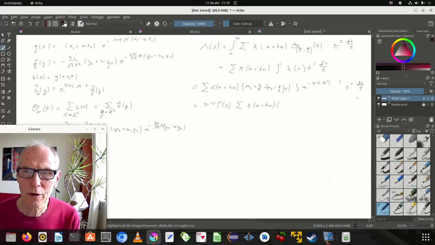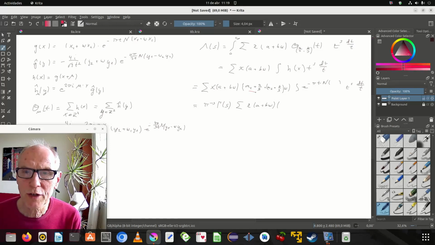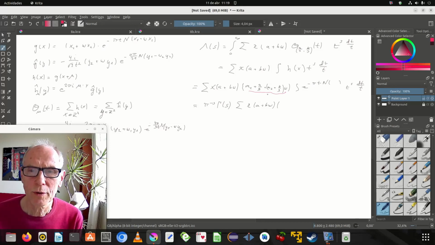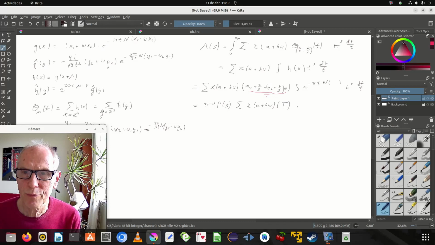And then we just make an abbreviation for this. We can call it T for term, T, and then divided by, or should we say the norm of T to minus s.